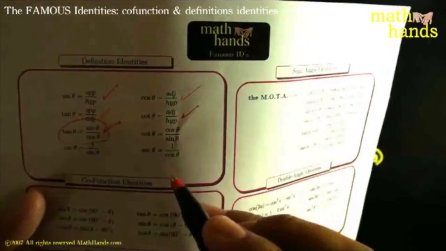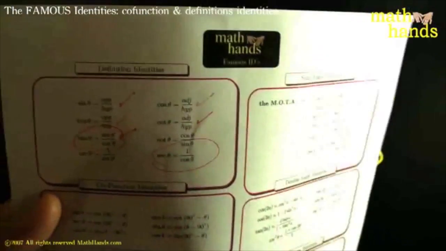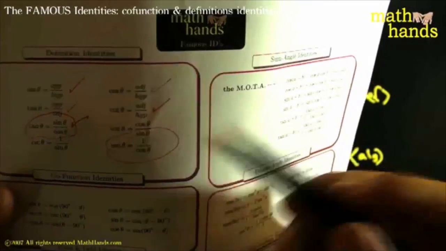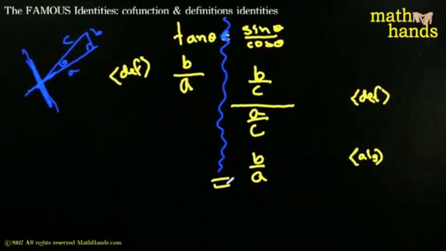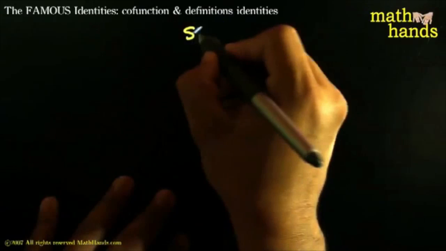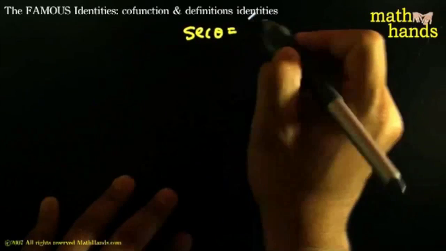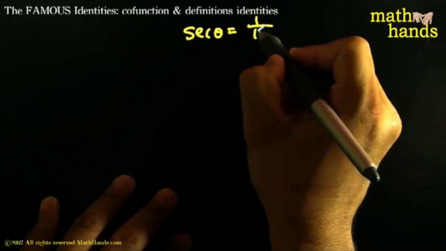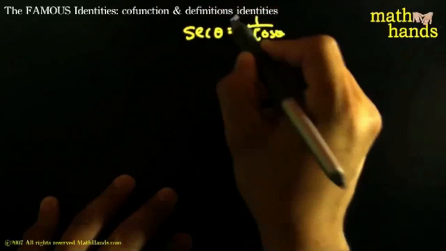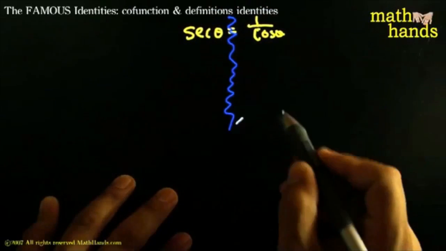Done. And then let's just do one more here. Secant is the inverted cosine. Let's see why that would be. So you could, again, say, all right, secant theta. Every time I've got a secant, I can exchange it for 1 over cosine theta. Why should that be? Well, I'm going to try the working on both sides strategy here.